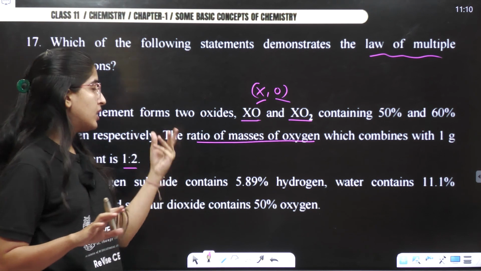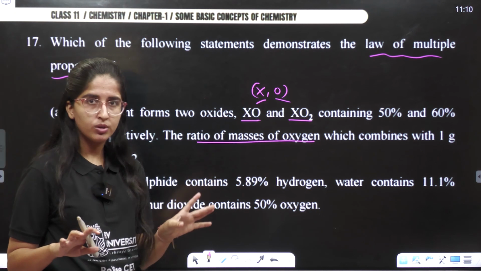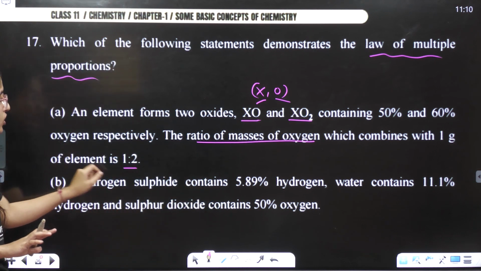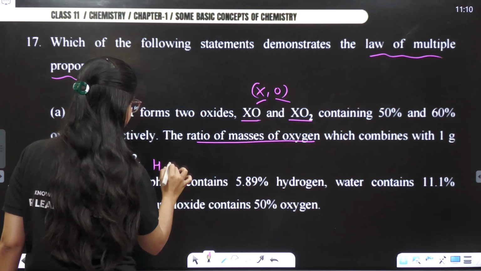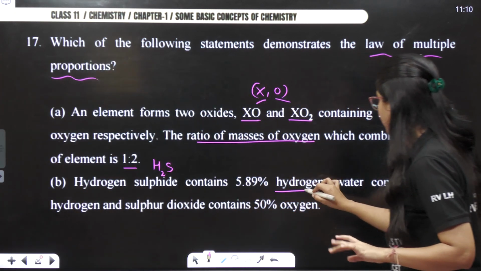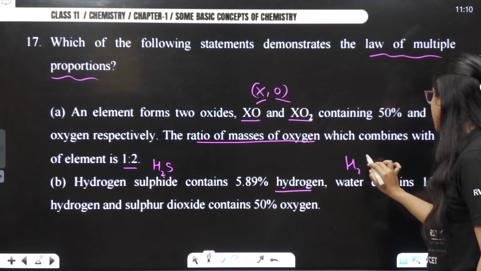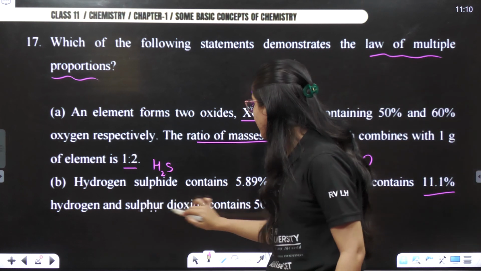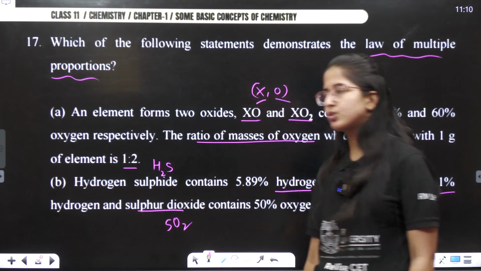Later we will check, because in this particular question there is no need to correct the options. Now see, hydrogen sulfide H2S contains 5.89% of hydrogen. Water contains 11.1% of hydrogen, and sulfur dioxide contains 50% of oxygen.